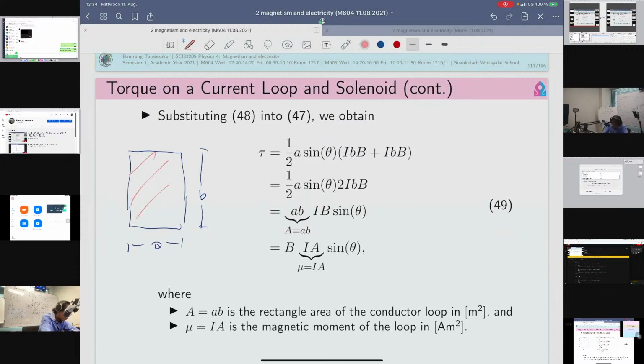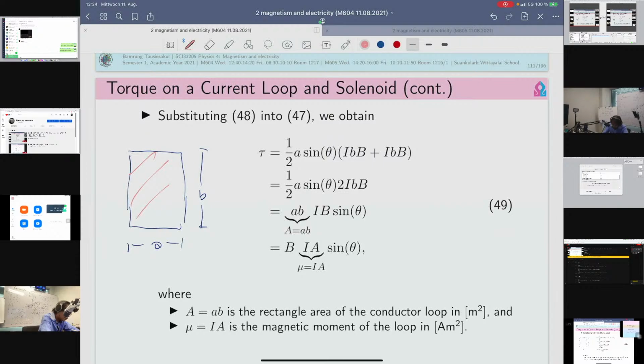That's quite simple, not difficult to understand. So we replace it by capital A, which is the area of your conductor. We don't go into the detail of the length and width sides of the rectangle anymore. We simply consider the area of that conductor only.